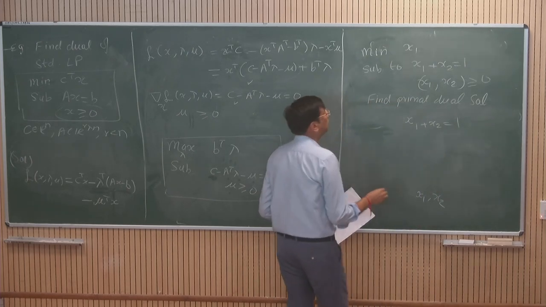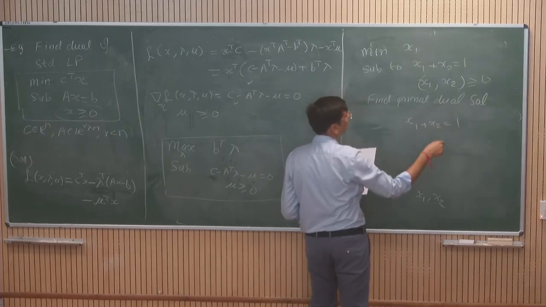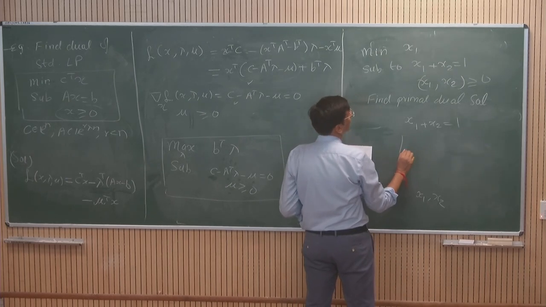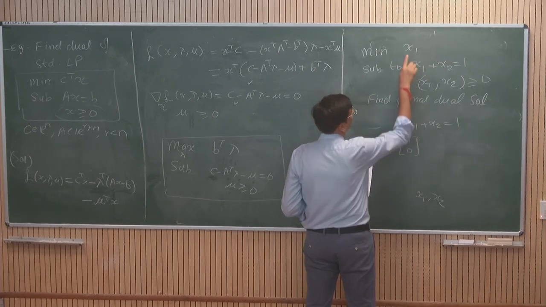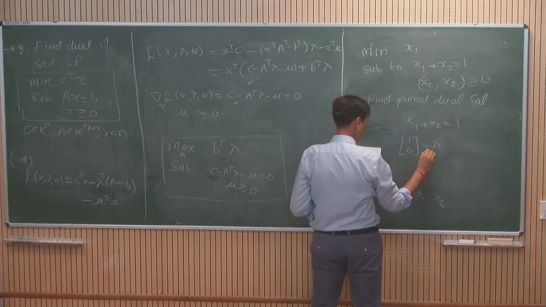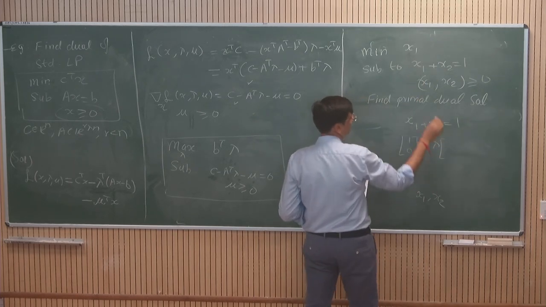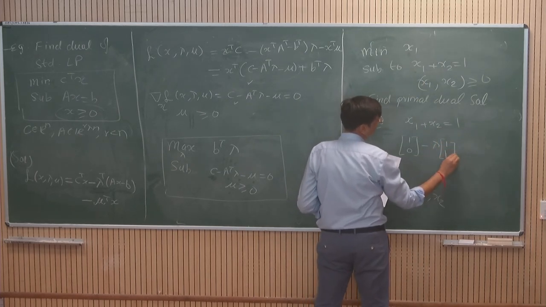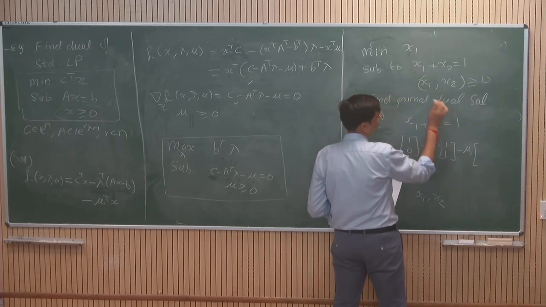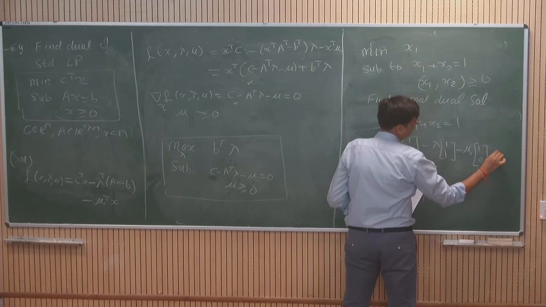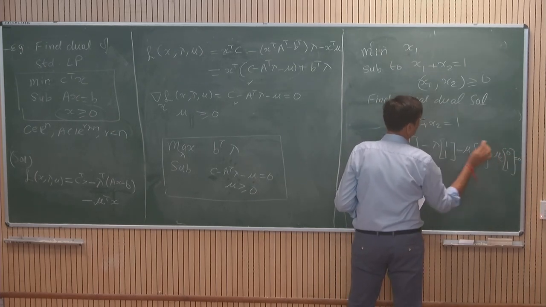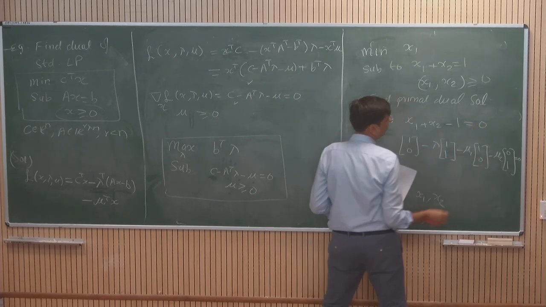Then there was: gradient of the function is a linear combination of gradients of the constraints. So the gradient of the function is (1, 0), with respect to x1 it's 1, with respect to x2 it's 0, minus lambda times (1, 1), minus mu1 times (1, 0), minus mu2 times (0, 1), equal to 0.